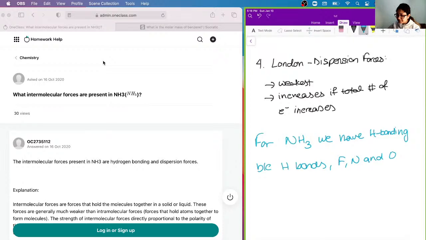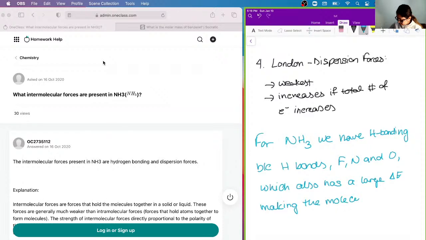It also has a large difference in electronegativities, making the molecule polar and creating a partial negative side and a partial positive side.